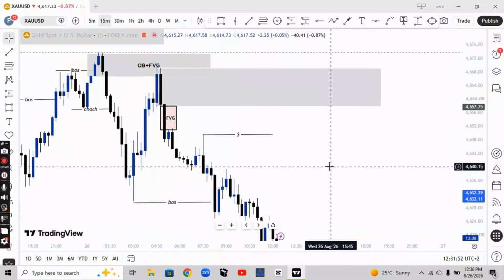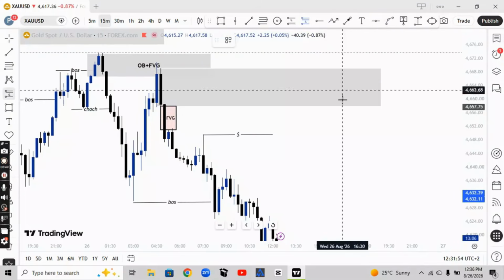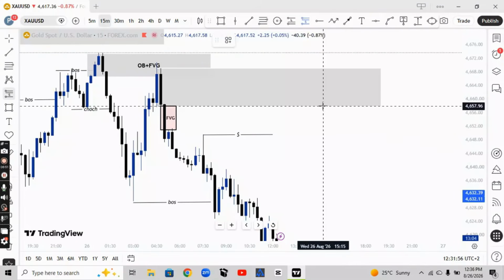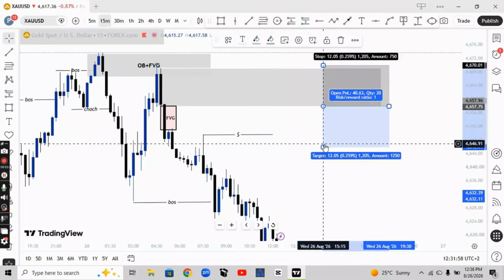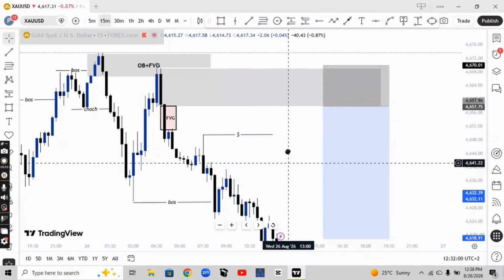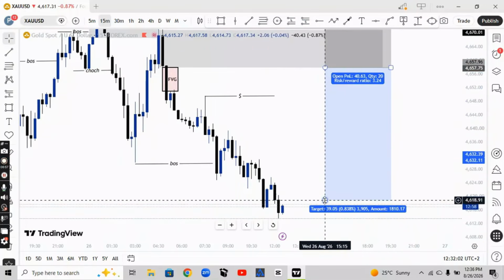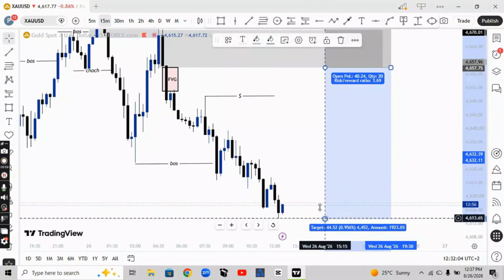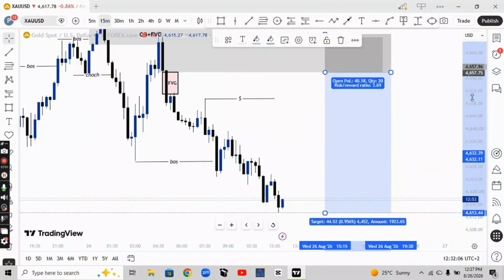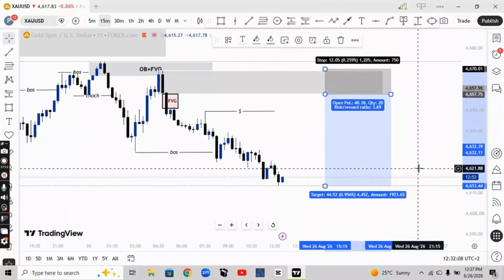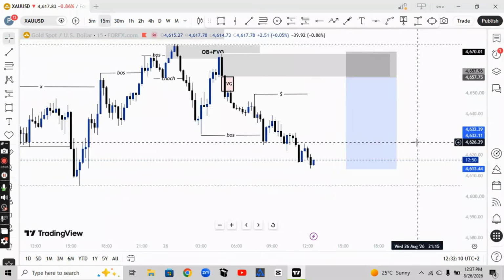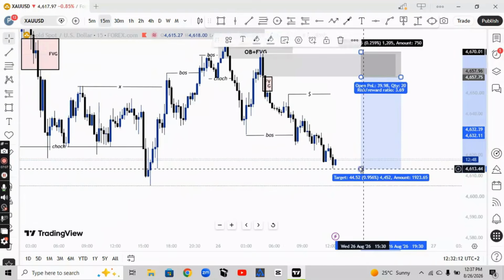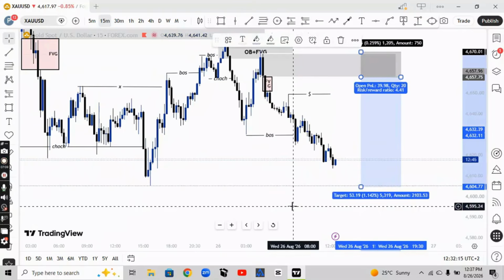And I'd want to set up a sell to this level, to the level where price is currently at, which is 1:3.69. Probably to this level.